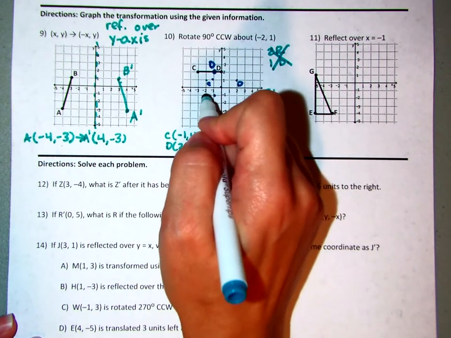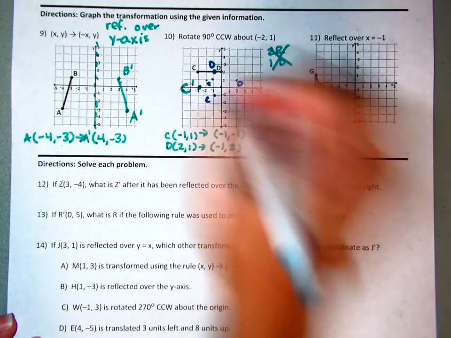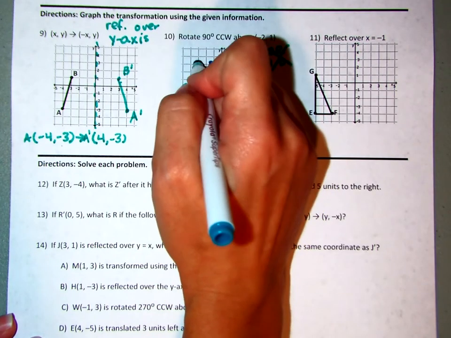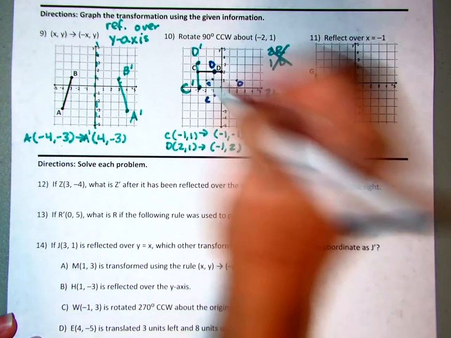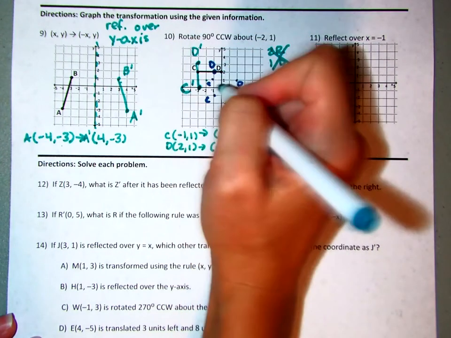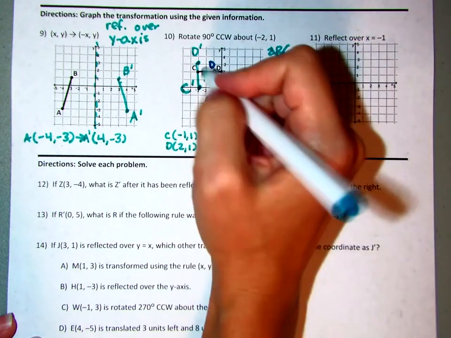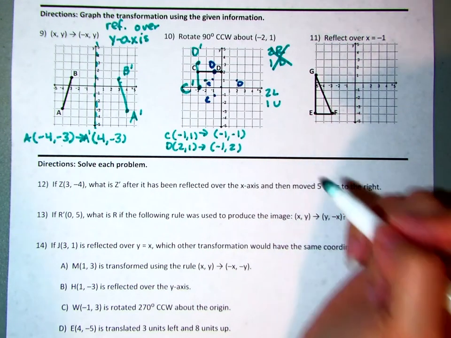We've got to go 2 to the left and then 1 up. This is where my C prime will be. With D, we're going to go 2 to the left and then 1 up, which would be right here, which will be D prime. And then we'll connect these. And if you'll notice here, we have this point right here at 2, -1, and that's what we're looking at for our rotation.